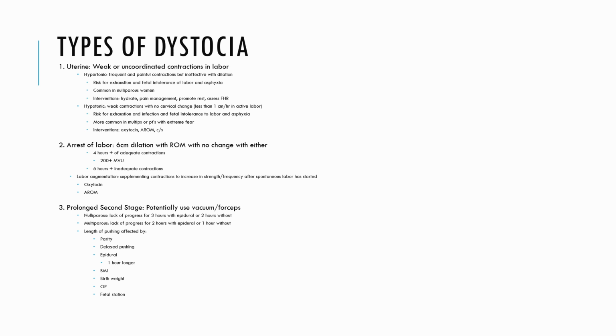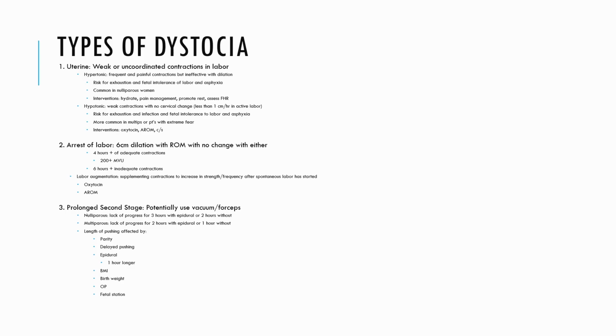Our interventions, we're going to try to slow down her contractions. So hydrate her, control her pain, promote rest, continue to assess the fetal heart rate to see if anything else needs to happen. If we have hypotonic, that means we have weak contractions that aren't causing any cervical change or really slow cervical change, so less than a centimeter an hour once we get to active labor.